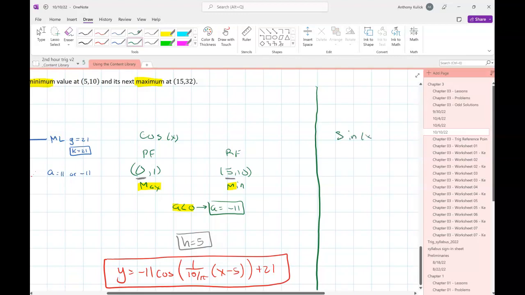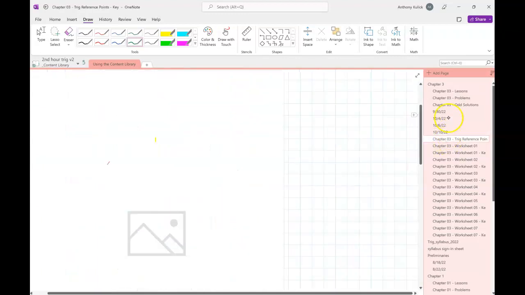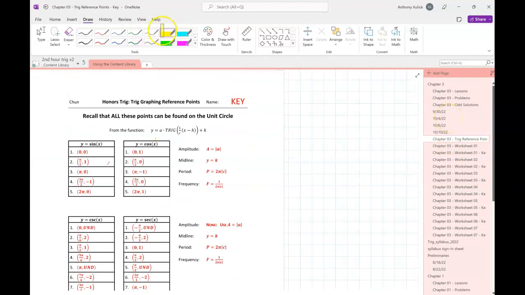So if we had picked sine, here's the problem. I need to pick from here, and since all I have are extreme points, I have to use either the max or the min from the parent function. Notice that neither of those points, the x-coordinate is 0. Yeah, I know, right? So let's just pick the max here at pi over 2, 1.